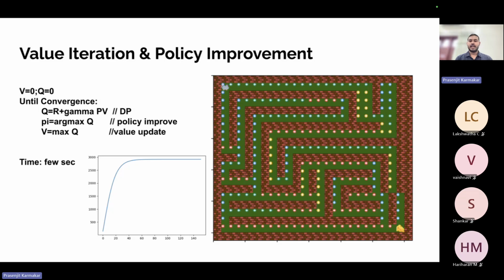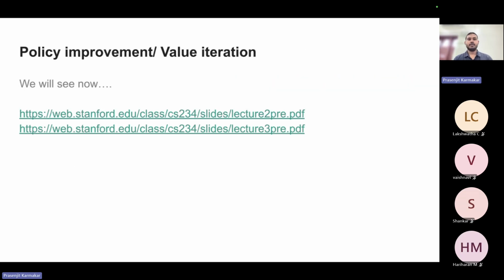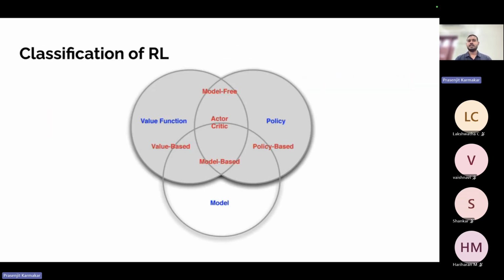Okay. And now this is the classification of RL algorithms. Irrespective of whether it's classical reinforcement learning or deep reinforcement learning, these are the different types of algorithms we have, based on how much knowledge we have about the agent and the environment.